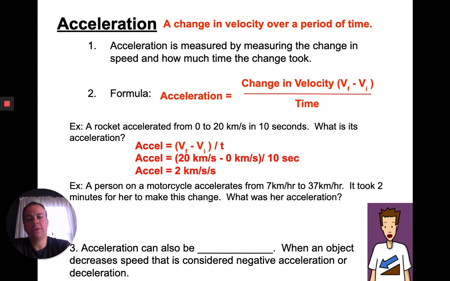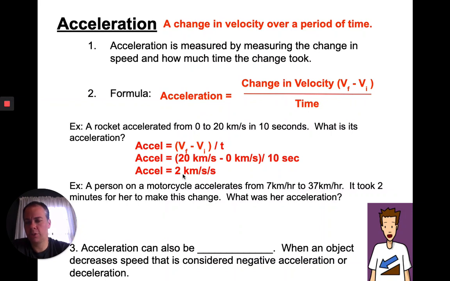And again, our units are important. Here, the units are kilometers per second, and then we also are dividing again per second. If we really think about what units mean, it means that for every second that was going by, this rocket was accelerating 2 kilometers per second.